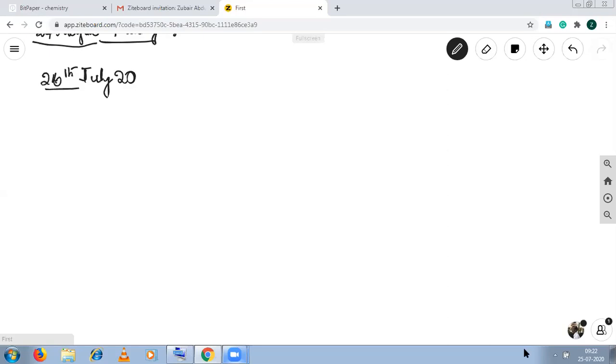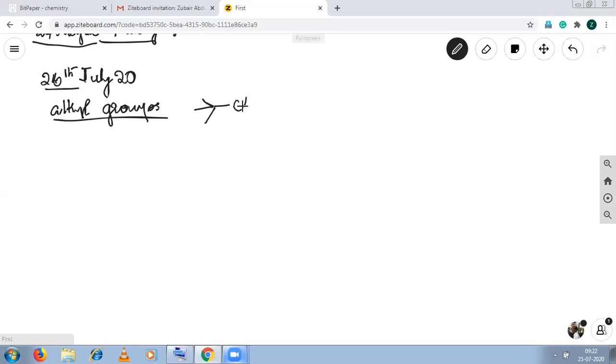Okay, now the factors which are affecting the SN1 reaction. First one, nature of alkyl group. Now, SN1 reactions.